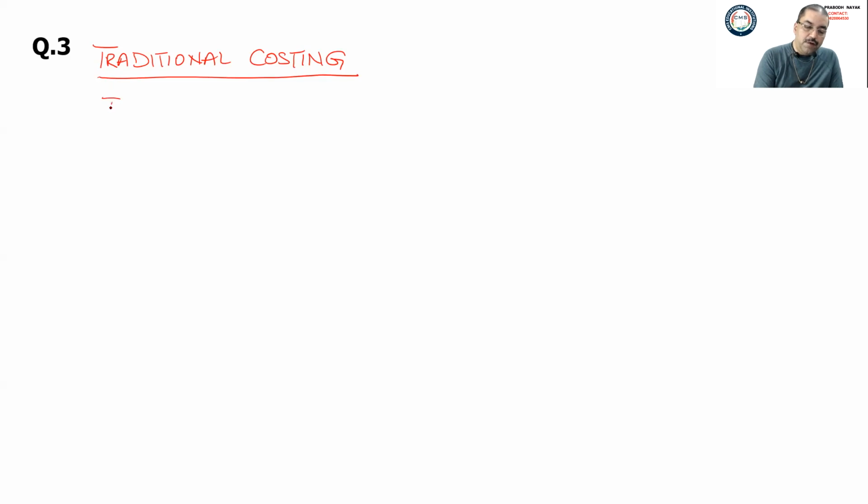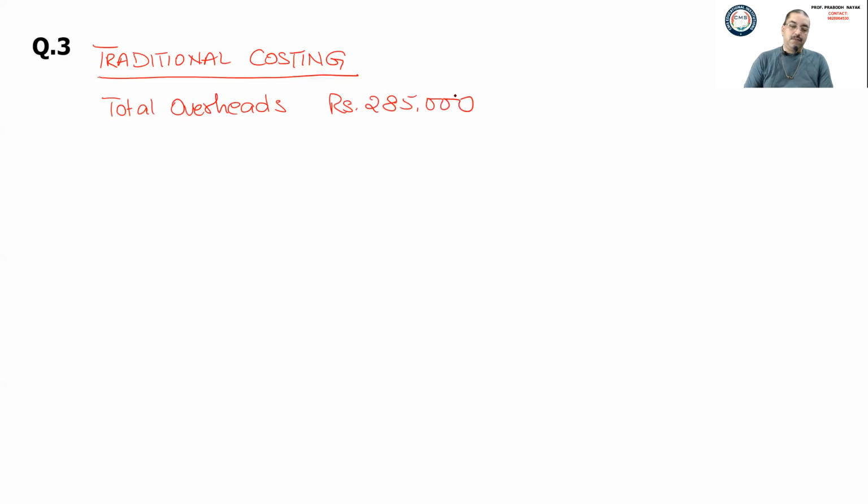How much is the total overheads? It is 2,85,000. So total overheads, rupees 2,85,000. Allocation to be done on the basis of direct labor hours. So I need to calculate the total number of direct labor hours.